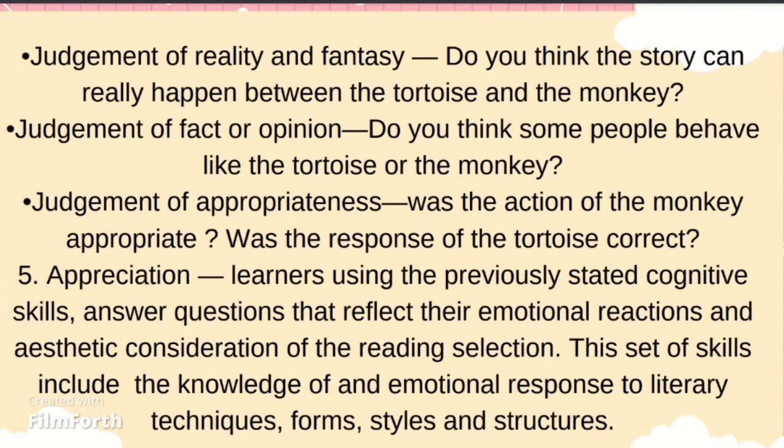Judgment of reality and fantasy. A fantasy is a notion that has no basis in reality and is essentially an unconcentrated use of your mind. The state of things as they actually are is reality. It is what you notice, hear, and encounter. Question is, do you think the story can really happen between the tortoise and the monkey?